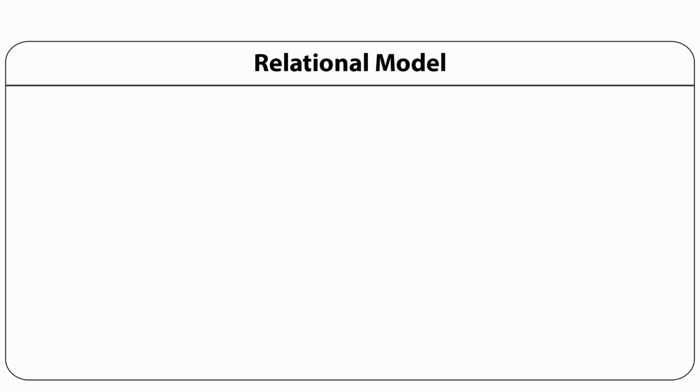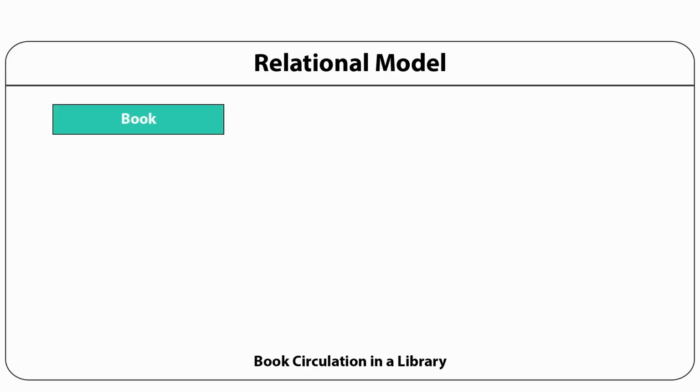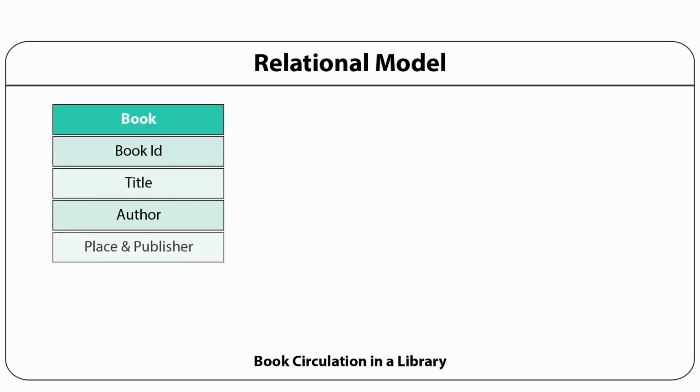Relational model. This is a diagrammatic representation of a relational model showing the circulation activity in a library. Here you will see there are three tables. The first table is about the book. You will see different fields of this table: book ID, title, author, place, publisher, year, and price of the document.